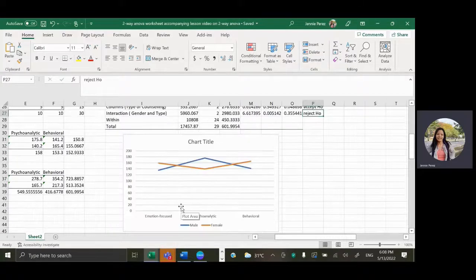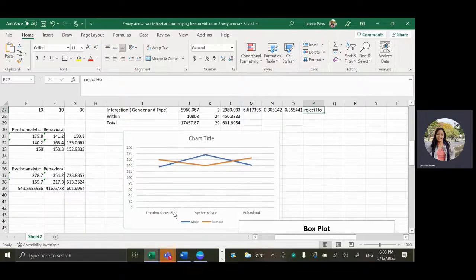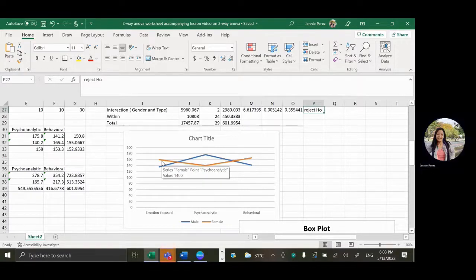For example, in the emotion-focused type of counseling, there is no significant difference in grief scores between clients who received counseling from male and female counselors.